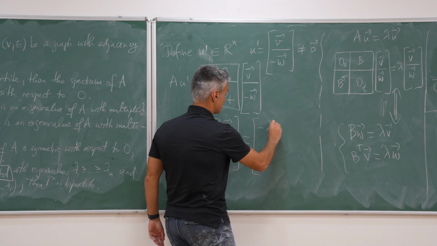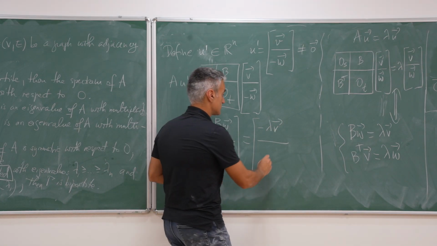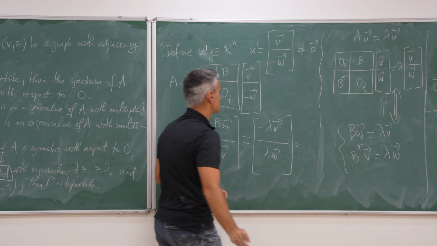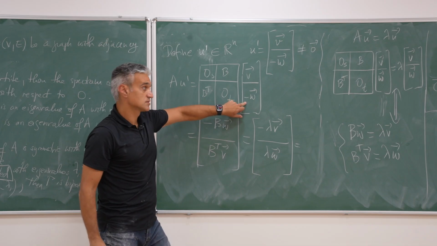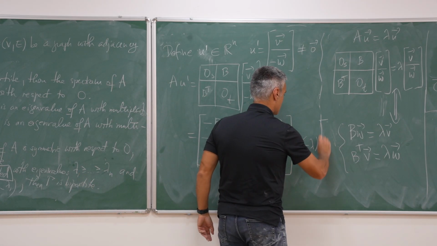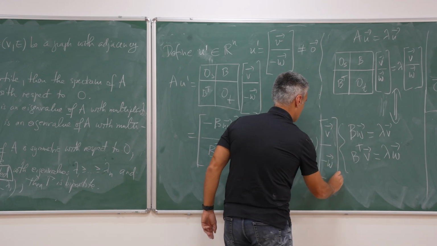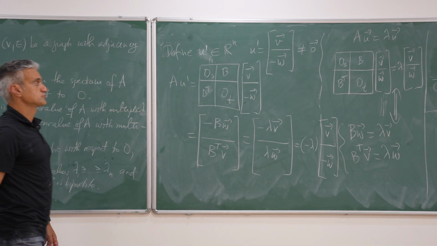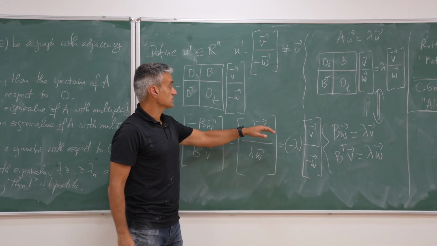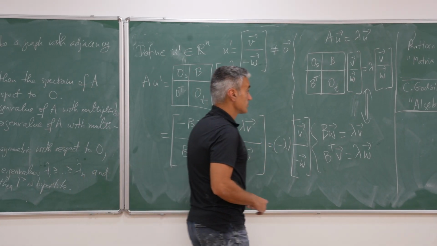Minus lambda v, thank you. b transpose v is lambda w. And now we started with v, minus w. Here we have minus lambda times v, minus w. So that proves, since this is not zero, that this equation proves that minus lambda is an eigenvalue. So that's very, very nice.